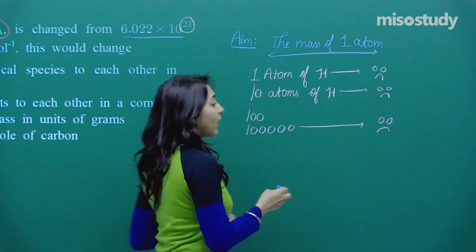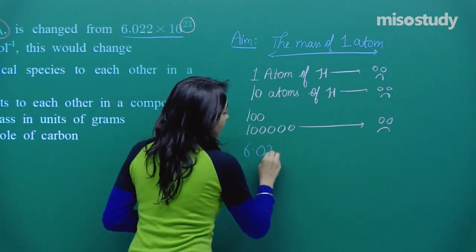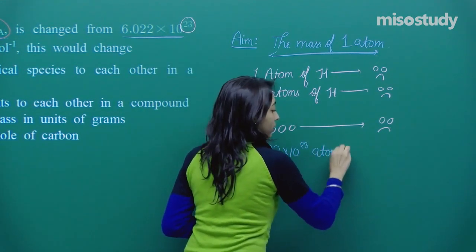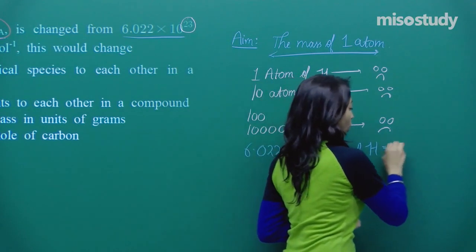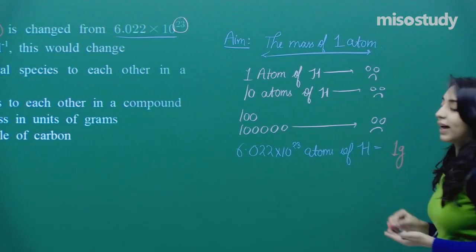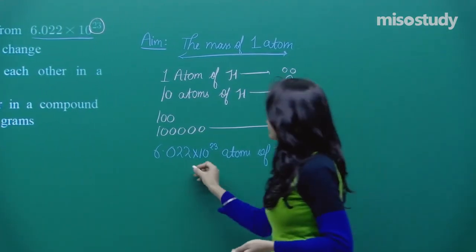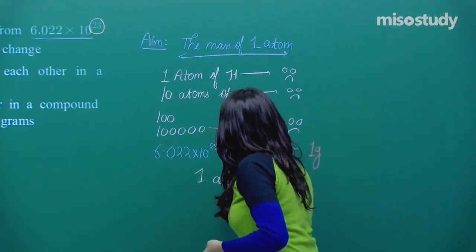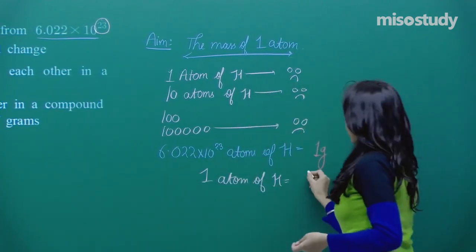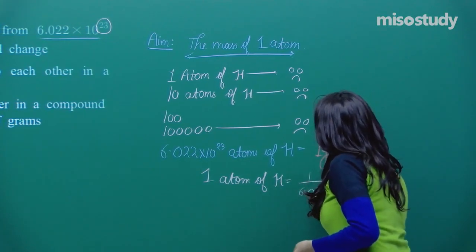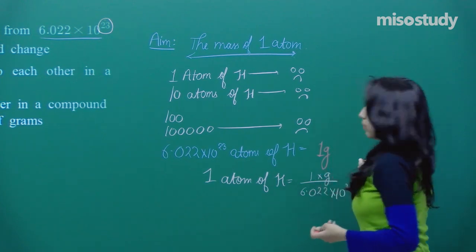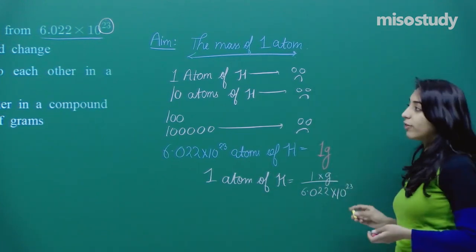So finally when I asked you to take 6.022 into 10 raised to the power 23 atoms of hydrogen, the mass was found to be 1 gram, right? Then the mass of one atom of hydrogen you called 1 divided by 6.022 into 10 raised to the power 23 grams. Am I right?